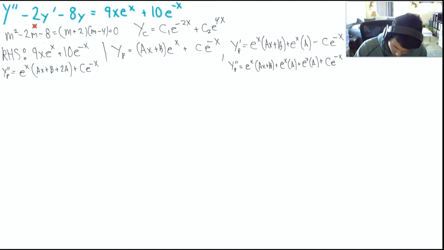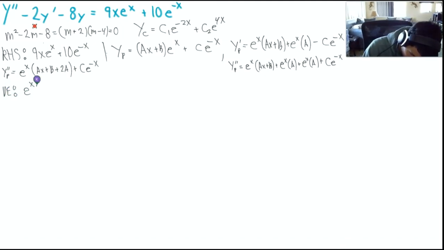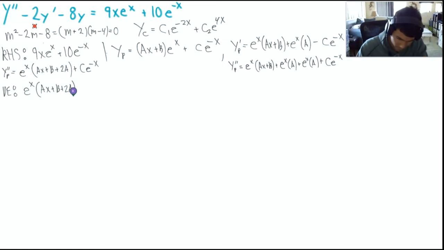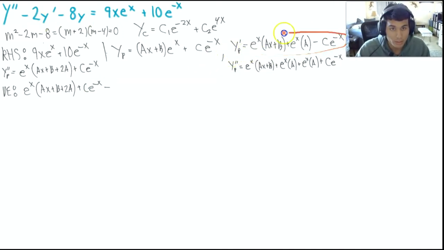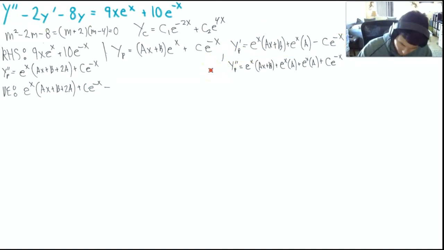Okay, well this would be, let's write dE. dE becomes what's right above it, ax plus b plus 2a plus c e to the negative x, minus 2 times all of this. So that's 2 times e to the x.